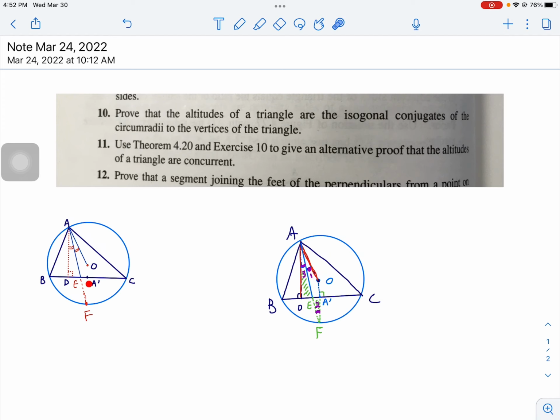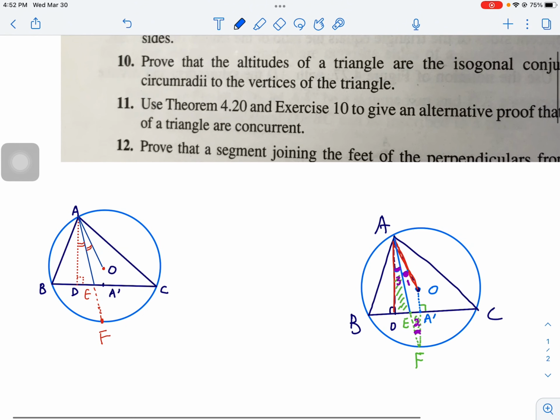So you want to show O, A prime, F being collinear. What does that mean? Because this is the perpendicular bisector, this is the circumcenter, and this is the midpoint.